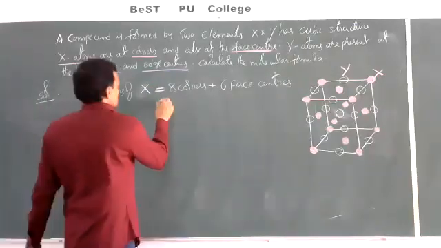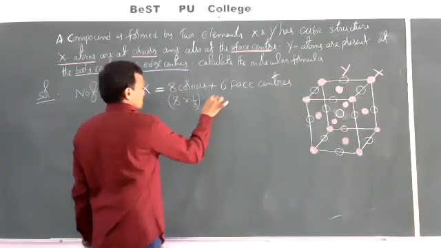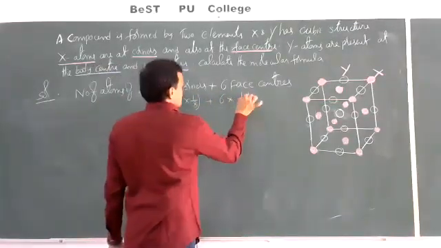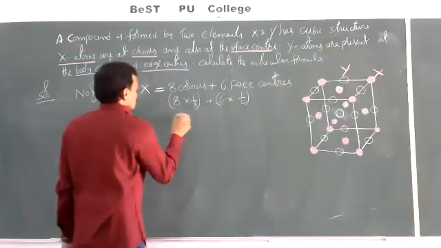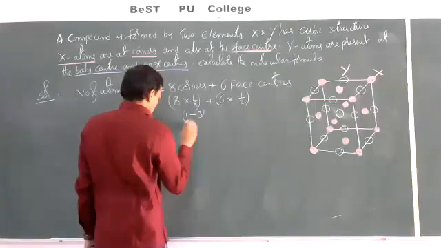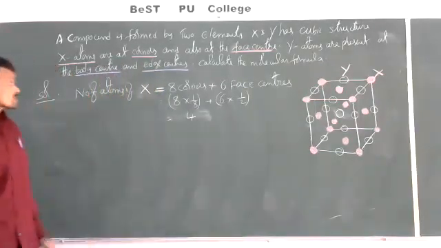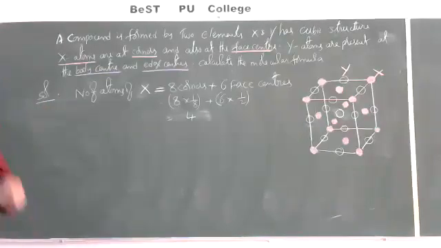Now the contribution is 8 into corner contribution 1 by 8 plus 6 into face center contribution 1 by 2, which is equal to 1 plus 3, and that is nothing but 4. So the contribution, number of atoms of X, is equal to 4.